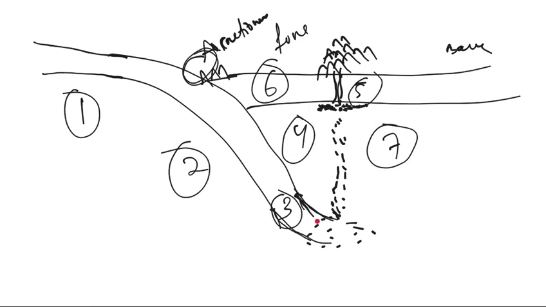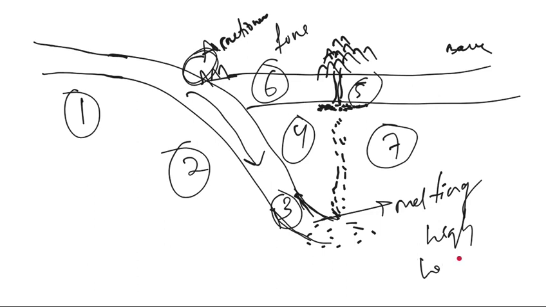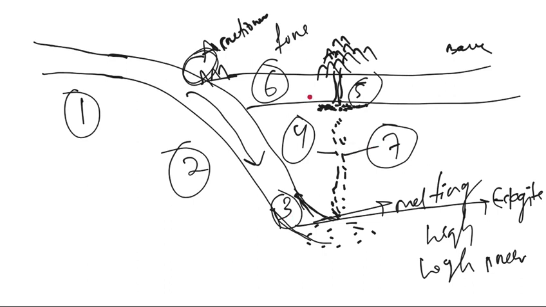See, in this portion melting occurs. So this is high temperature, and also this plate is pushing, so this is high pressure also. So this will be eclogite. Here also you can see high temperature, and also the lithostatic pressure is high here.